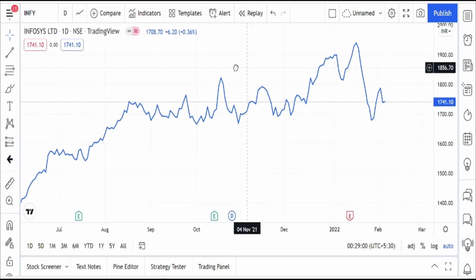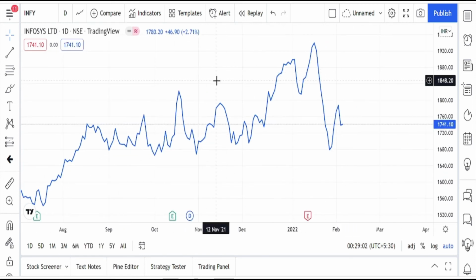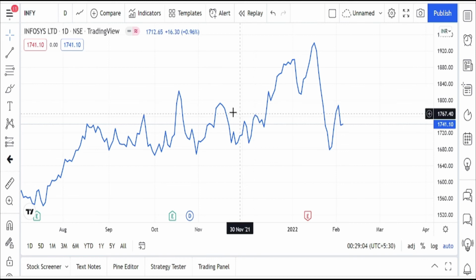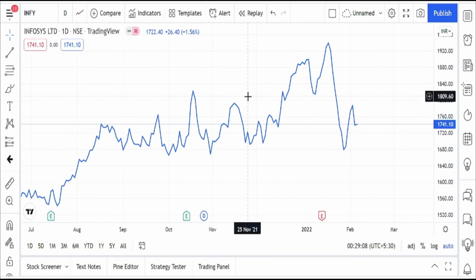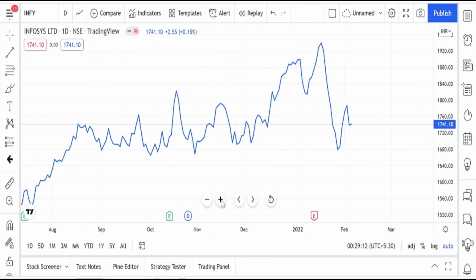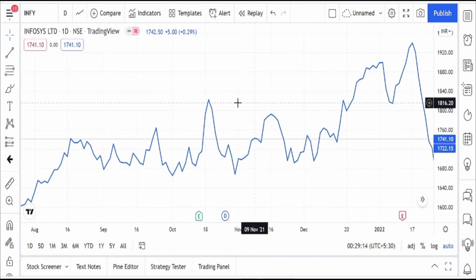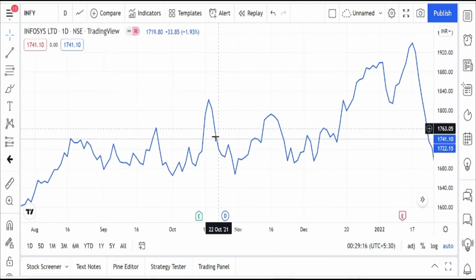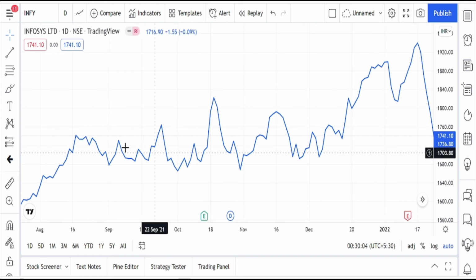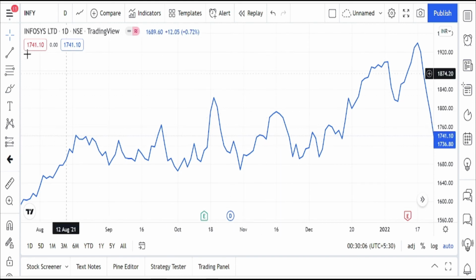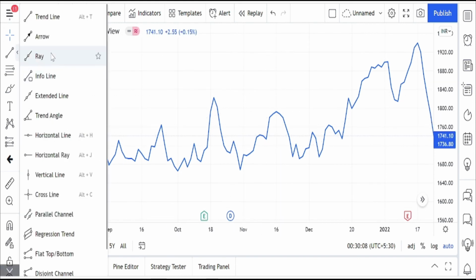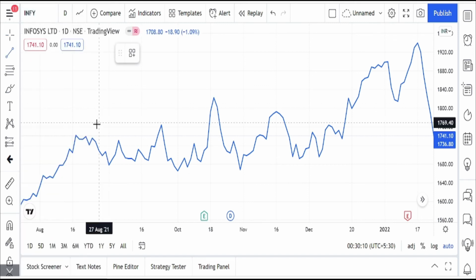Now if you see, this is the price action of Infosys with a 1 day time frame. Friends, it doesn't give any clear information about where it actually opened and where it actually closed. A line chart connects the closing prices, and looking at this line chart helps us draw support and resistance lines, right?